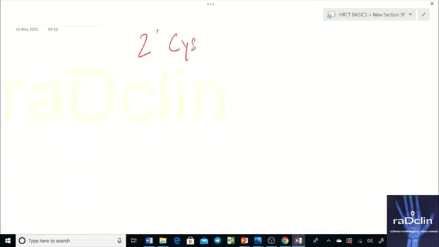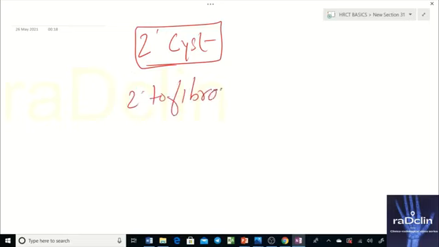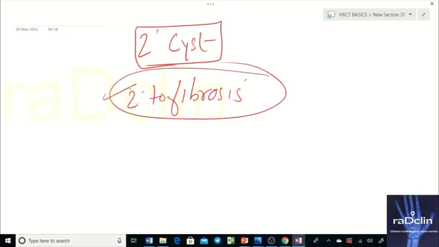forming secondary to something. And I told you in the early part of this same series, the lecture of basic HRCT, that cysts can form secondary to fibrosis. Fibrosis can give rise to cysts. Bronchiectasis can give rise to cysts.